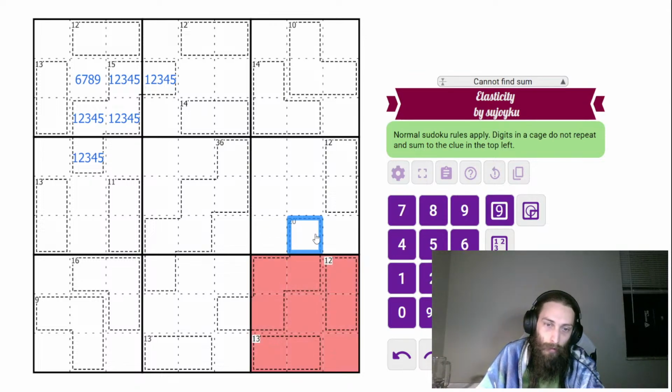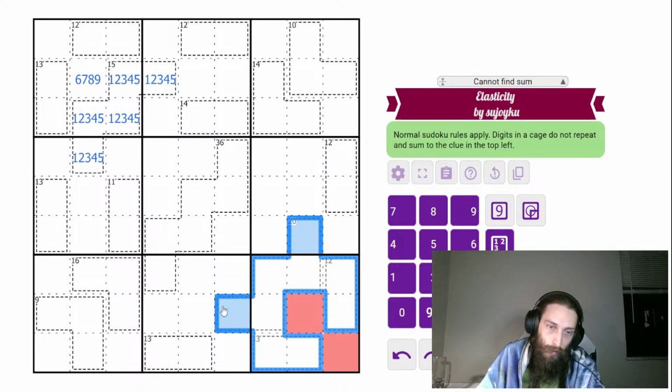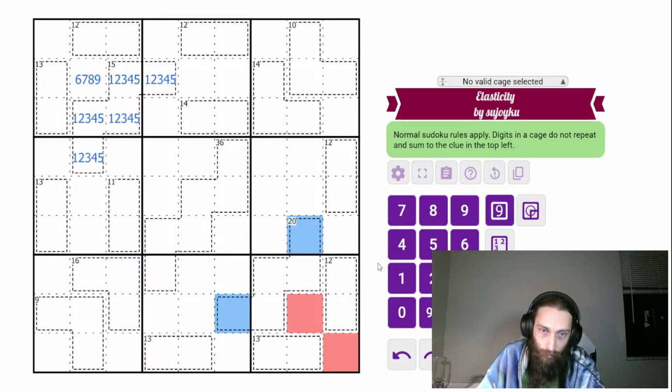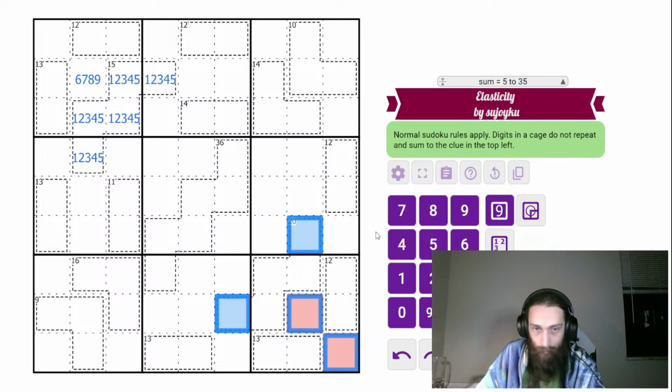But maybe it's more important down here, where we rule these out, because 12 and 13 and 20 is 45. Right. So red is equal to blue in sum.